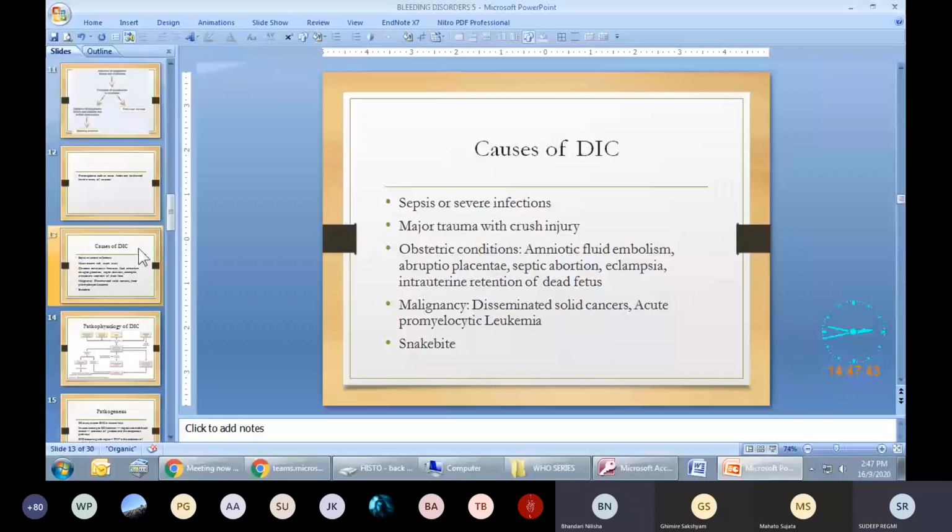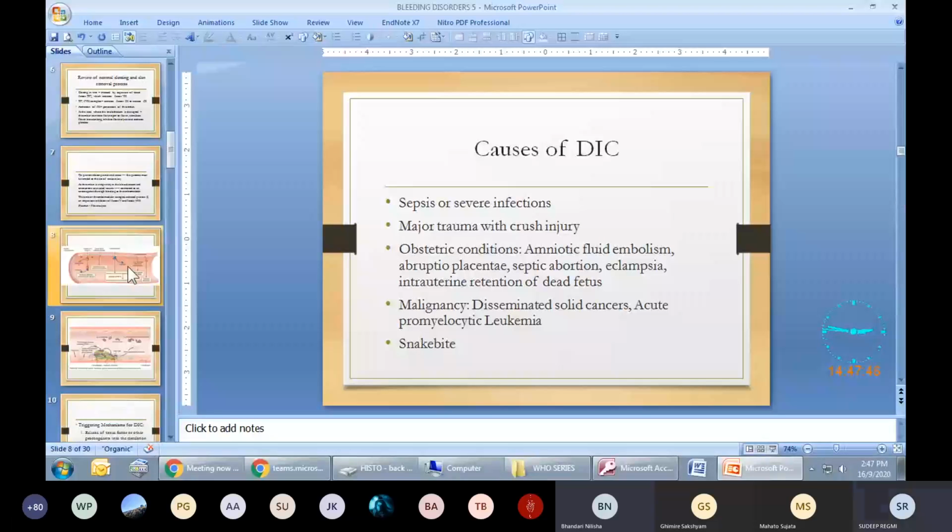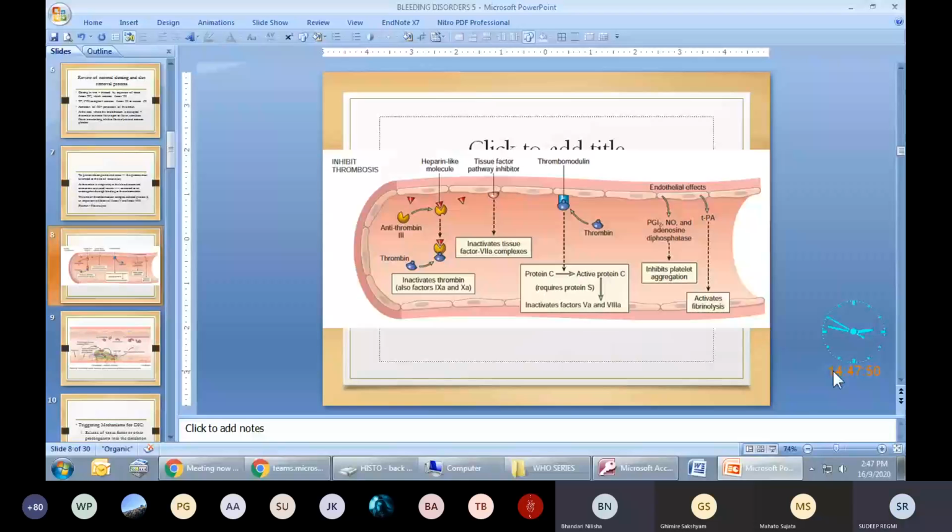Can you relate this picture? You talked about the tissue plasminogen activator, right? Which activates fibrinolysis. Thrombomodulin activates protein C, which inactivates factor 5 and factor 8. These are the factors which inhibit thrombosis in the normal area.